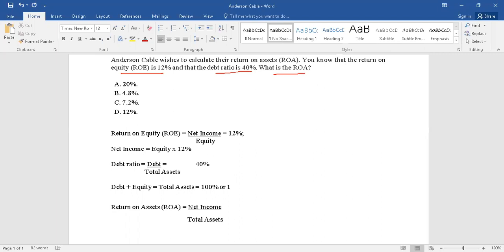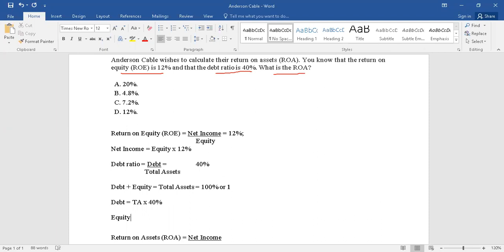Now in terms of this equation, debt by total assets is equal to 40%. Debt is equal to total assets, I am writing it as TA, total assets into 40%. Now, if debt is total assets into 40%, what would be equity?